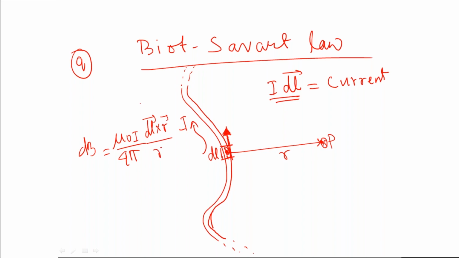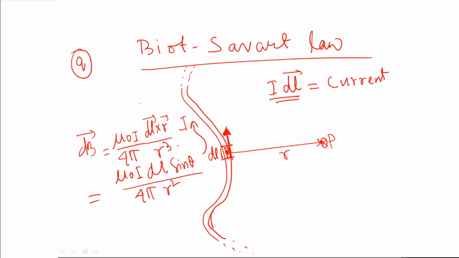So it is in terms of vectors. If you write this as a scalar quantity, then it is mu0 I dl sin theta by 4 pi r square. So this was the scalar format.